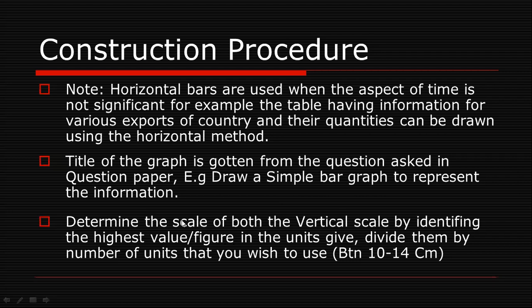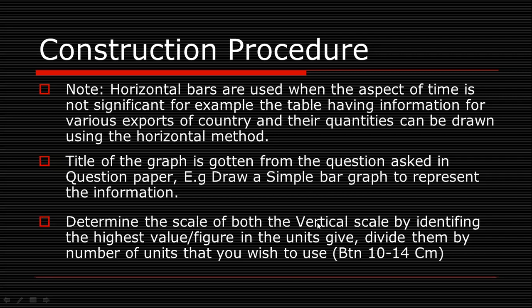Now, when you have the information you have been given, you determine what you want to use on the horizontal or the vertical axis. If you decide to use 12 centimeters, you are going to divide it by 12 centimeters. If you decide to use 10 centimeters, you're going to use 10 centimeters. So that unit you get, if it is 80, you will divide it by what you use. If you choose to use 10, it will give you 8. That is how you get the scale.